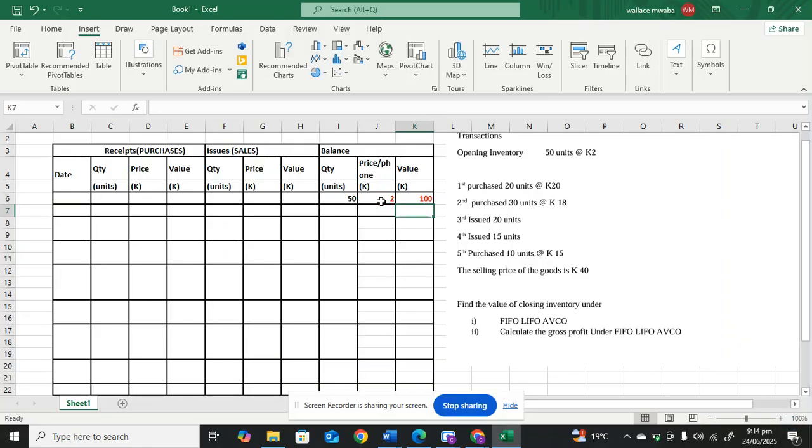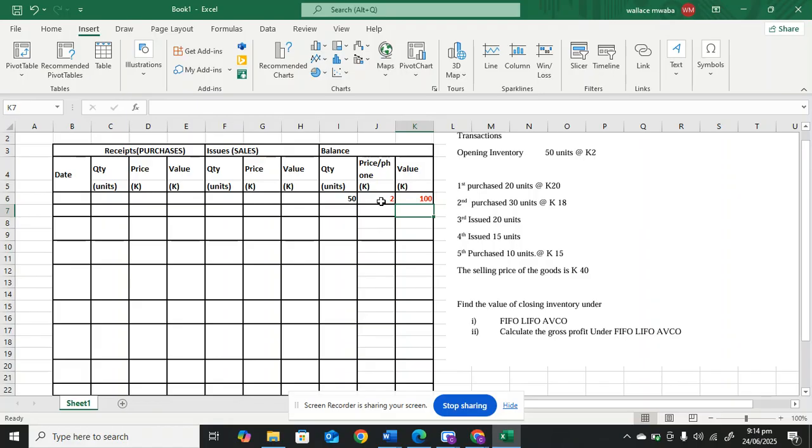That's the total value of the inventory that we have in stock, 100 kwacha. So that's the first thing you usually do with these questions. First, you look for your opening stock and you put it on the balance section.